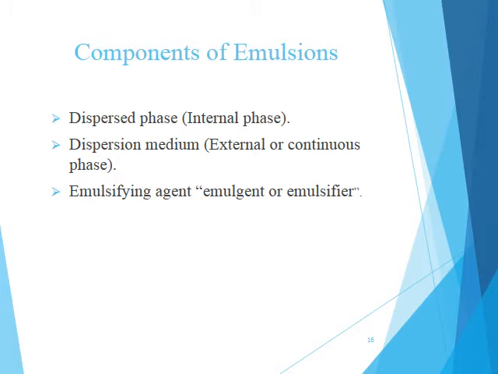But for medicated emulsions, you probably need to add the medicinal substances, or coloring agents, flavoring agents, and so on. Sometimes we need to add stabilizers, buffering agents, and so on. But now I'm talking about the principal components of the emulsion: the disperse phase, the dispersion medium, and the emulsifying agent.